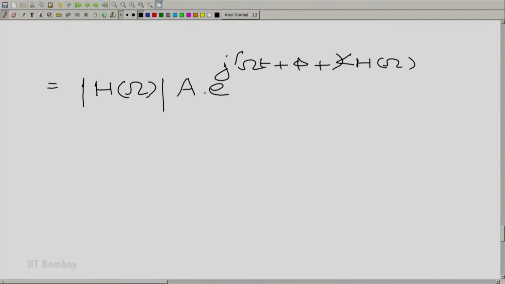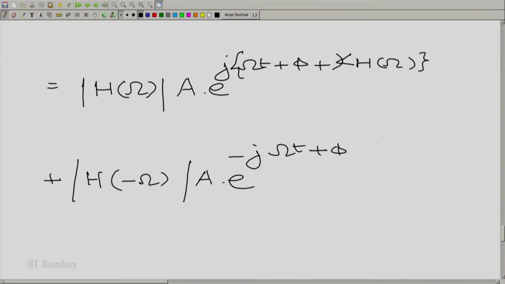You recall that we can write H in polar form. Similarly, plus mod H of minus omega, e raised to the power minus j(omega t plus phi) plus angle H of minus omega. So, of course, I need to make a little change here. I could write e raised to the power separately, that might be more convenient. So, this is okay, but I could make a little change.